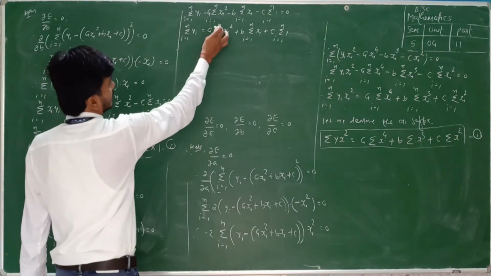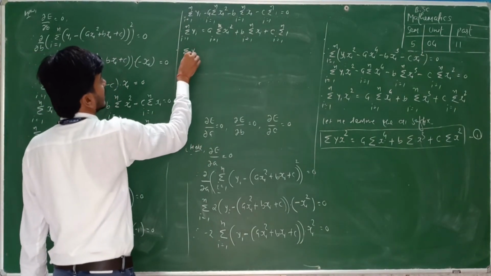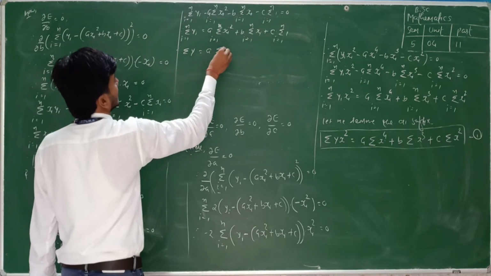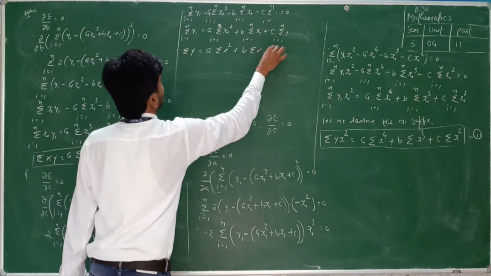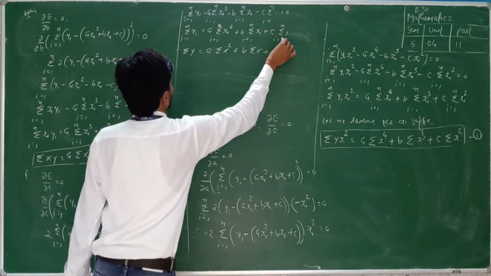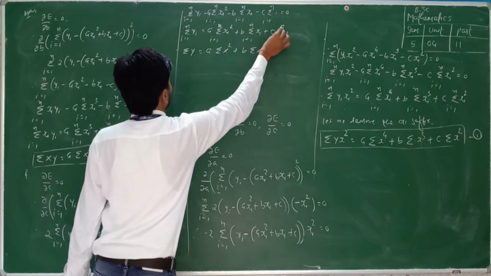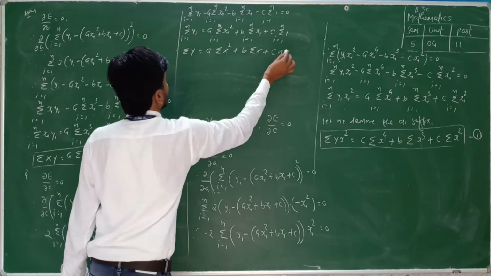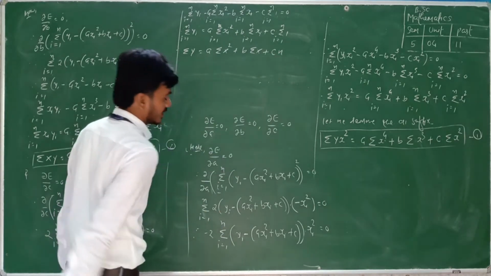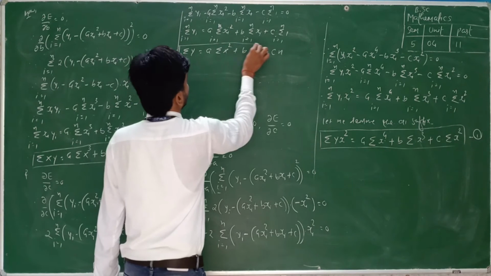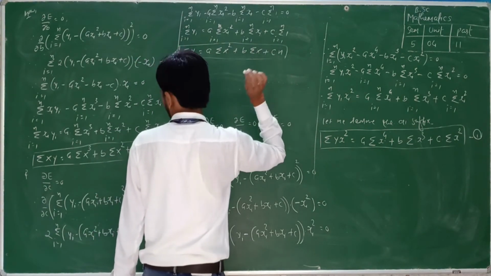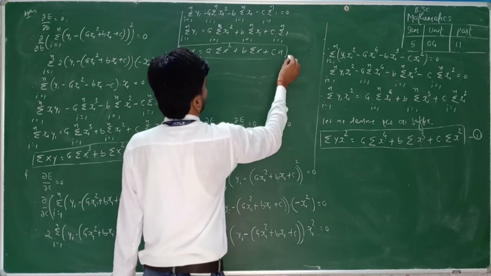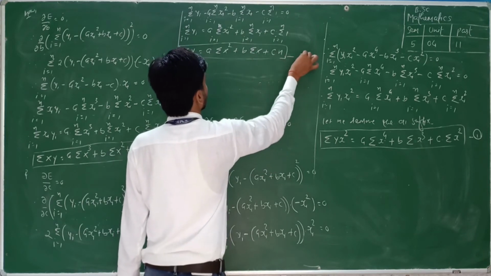Remove all the suffixes: sigma y is equal to a sigma x square plus b into sigma x plus c into the sum of 1 plus 1 plus 1, n times. So this is n. This n is equal to the number of values in this observation. This is equation number 3.